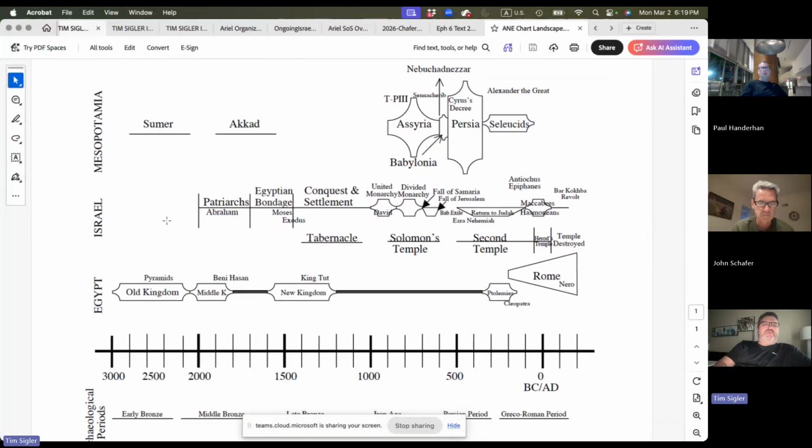And as we would consider things east of the Fertile Crescent, Mesopotamia, and west, southwest of the Fertile Crescent, Egypt, Israel truly is, as it has been, the land between.